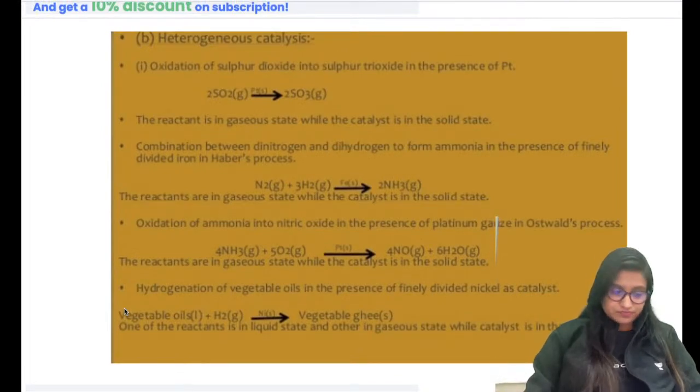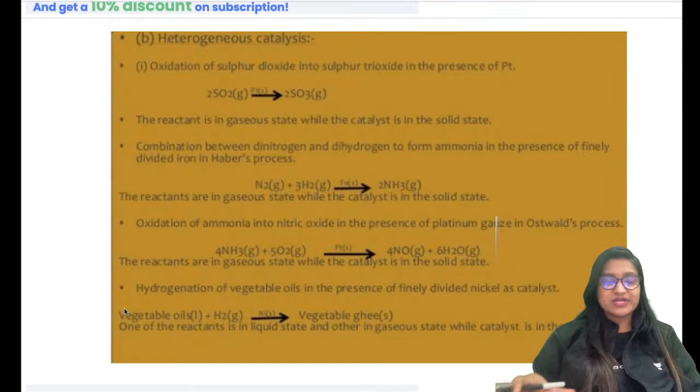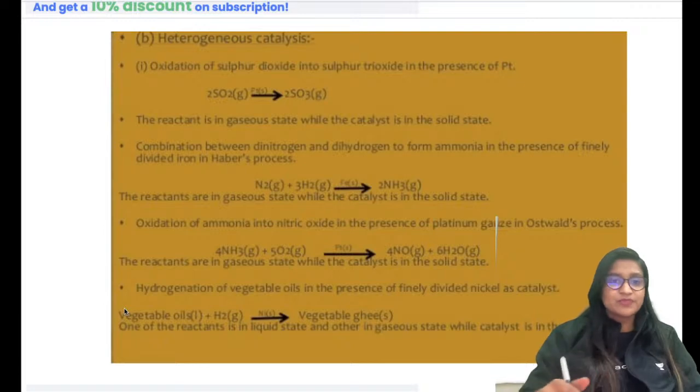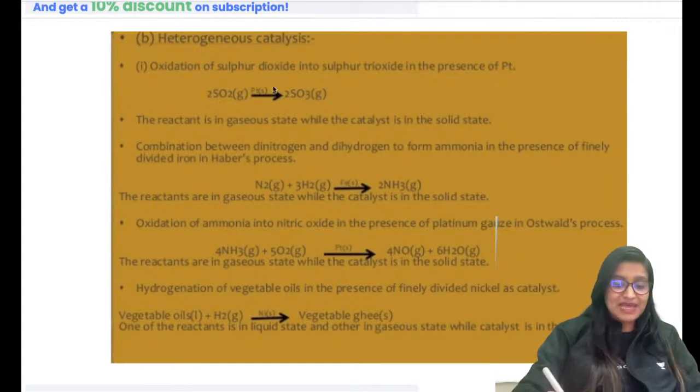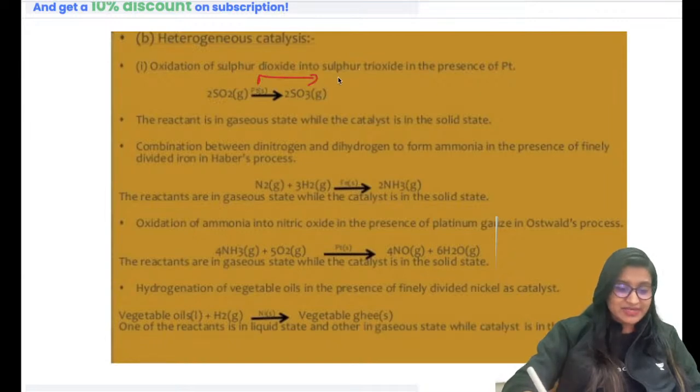Okay. Now, if we talk about heterogeneous catalysis, we know that when the reactants and the catalyst are present in different phases, it is known as heterogeneous catalysis, right? So you can see the examples. When sulfur dioxide is converted into sulfur trioxide, here platinum is working as a catalyst, right?